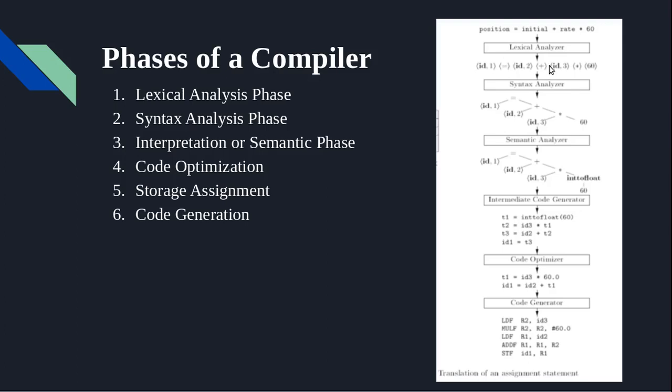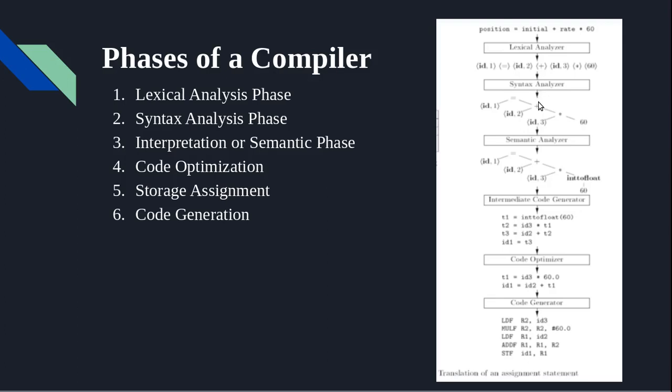The lexical analyzer converts the source program into a sequence of tokens. This output will be given as input to the syntax analyzer. The syntax analyzer will check whether this sequence of tokens is in proper logical order according to the syntax or grammar of the source program.